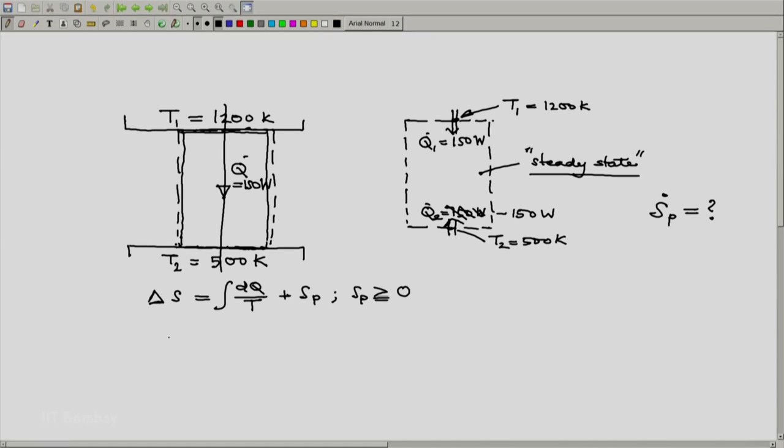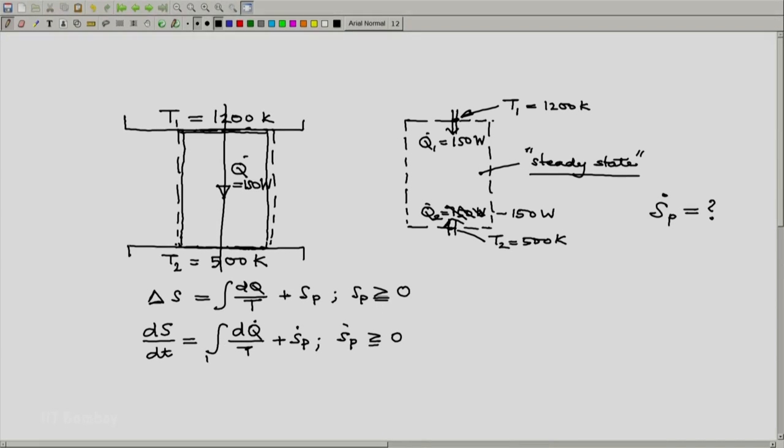Using the time variant mode, the change in entropy would become dS by dt for our system. The first term on the right hand side would become integral dQ dot by T plus S dot p, with the condition that S dot p must be greater than or equal to 0.